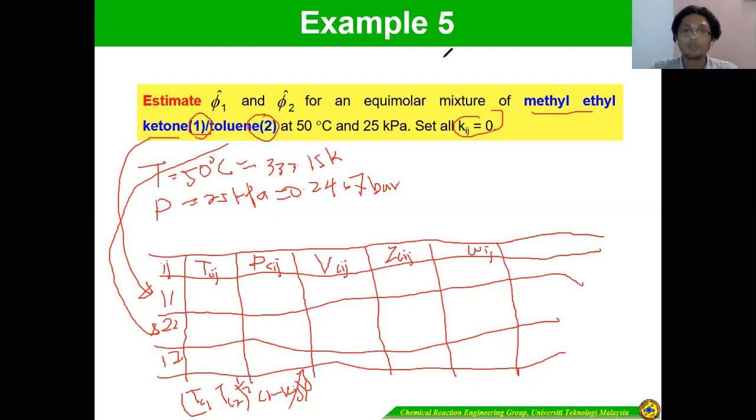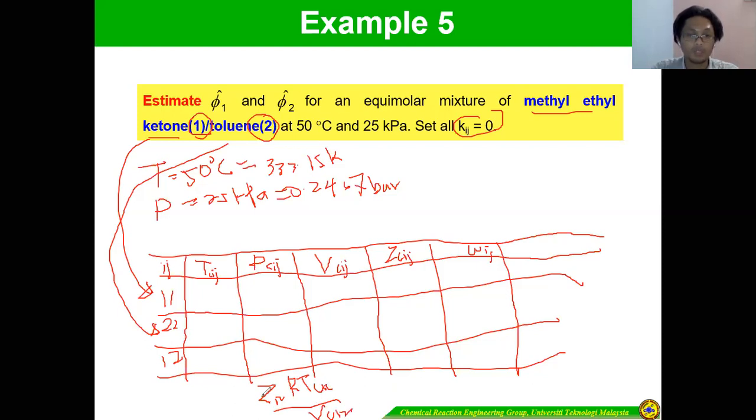If you look at the equation for PCij, the equation is equal to ZC12 R TC12 divided by VC12.